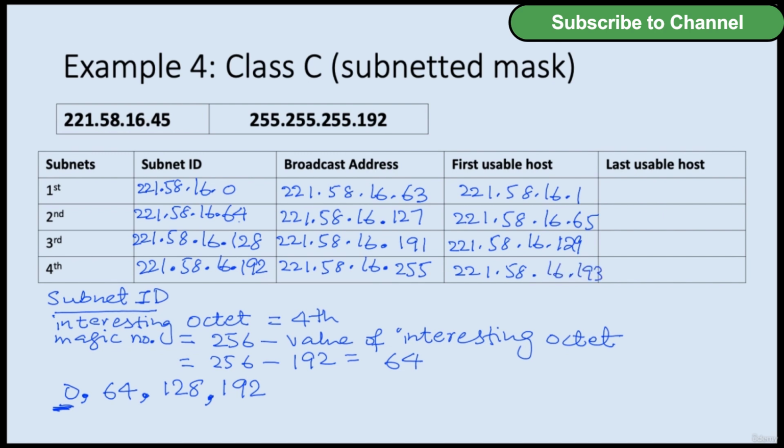Now I have filled the other 2 as well. Now the last usable address is always the previous of the broadcast. Broadcast is 63 over here, so the last usable will be 62. So 221.58.16.62. The next will be 221.58.16.126.